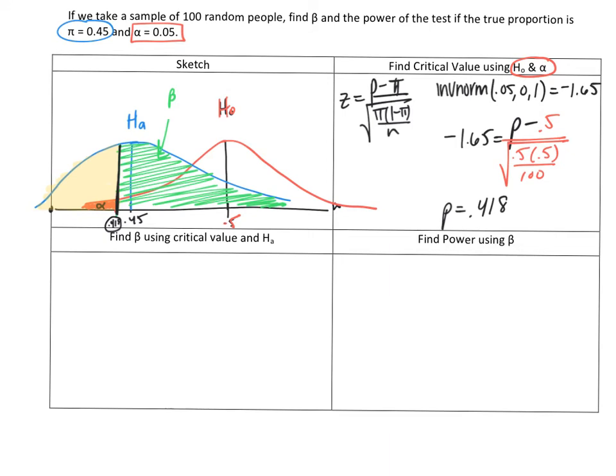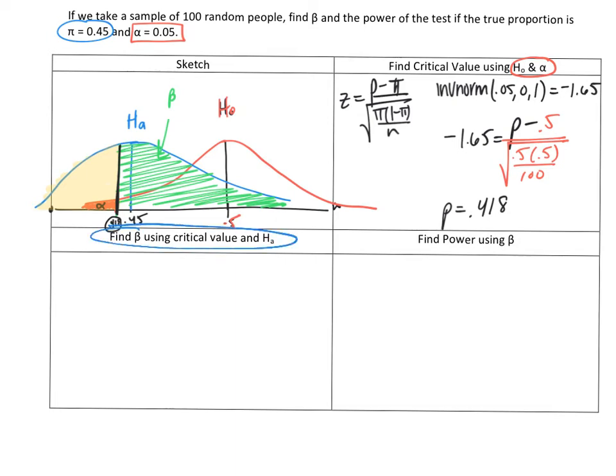Now, I am done with that red curve. I do not need this red curve anymore at all whatsoever. Now, I am just using the blue curve because it says right here, find beta using the critical value and the alternate. So now I'm only dealing with the blue curve.